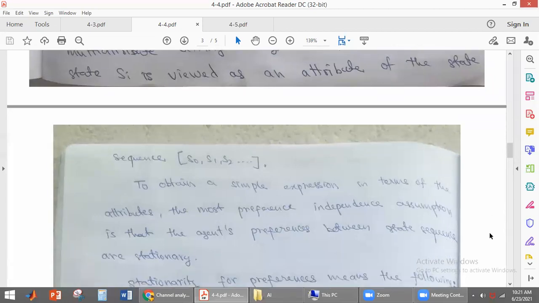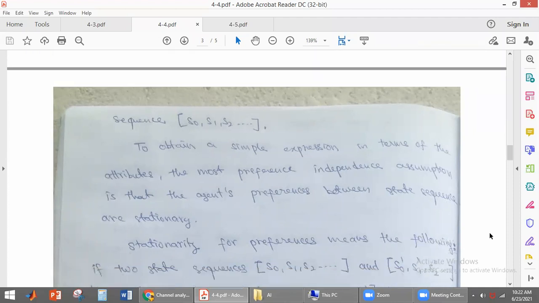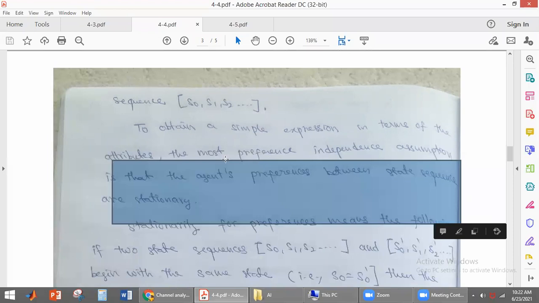Now we have to obtain the expression in terms of attributes. To do that, the assumption the agent makes is that the agent's preferences between the state sequences are stationary.